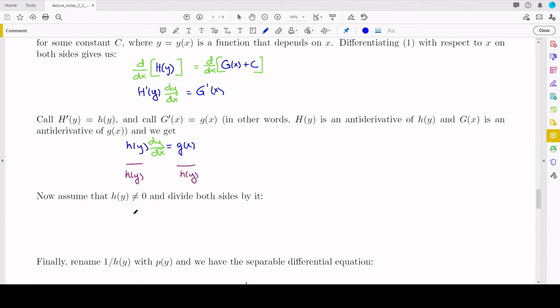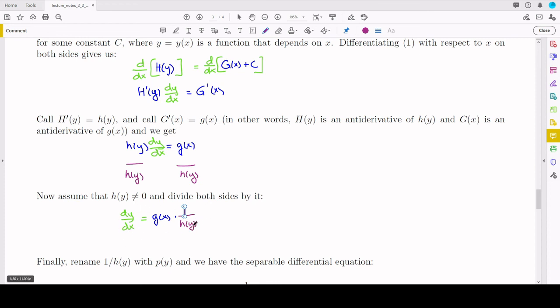I get that dy/dx is equal to g of x times one over h of y.